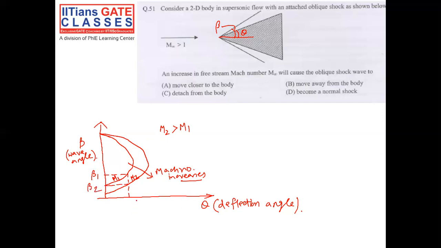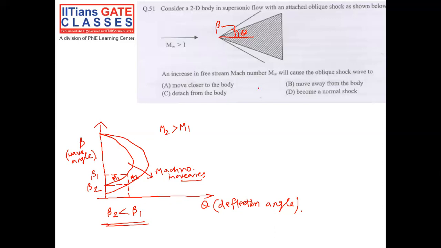This is beta 2. So we can conclude that keeping theta, the wedge or deflection angle, the same, if we increase the free stream Mach number, the shock angle decreases, because beta 2 is less than beta 1. For a higher free stream Mach number, the oblique shock wave angle will be less compared to that of the lower free stream Mach number if the deflection angle remains the same.